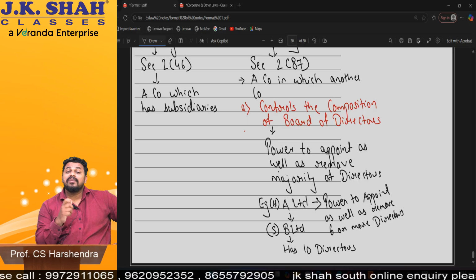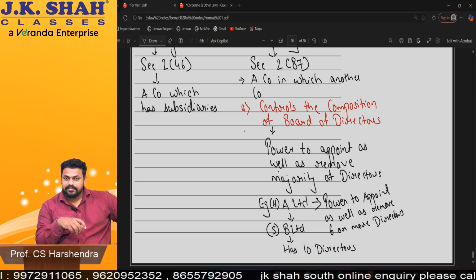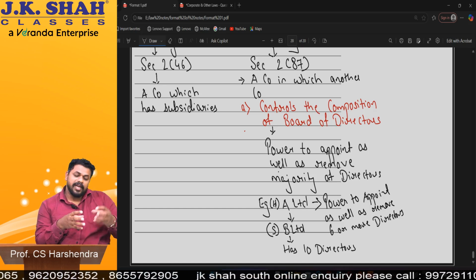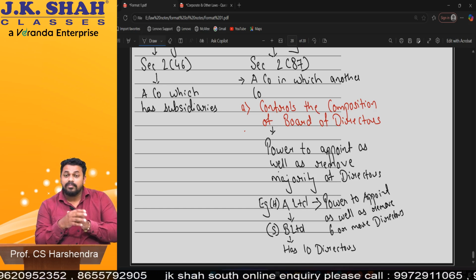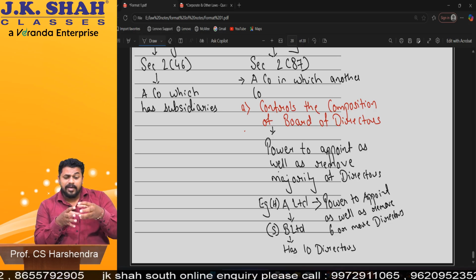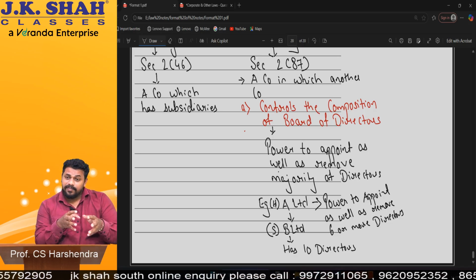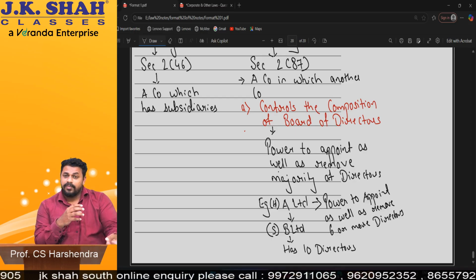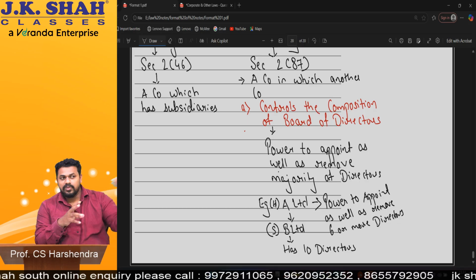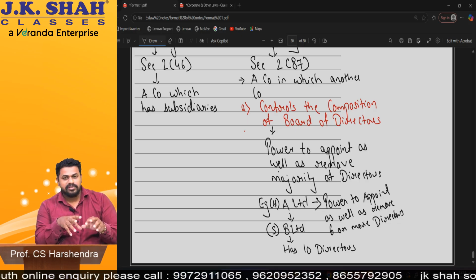So how does one company get power to appoint majority of directors? It is generally by a finance agreement or loan agreement. Like in one of the companies, we had raised 100 crore rupees from a bank. We had taken a loan from ICAI Bank. ICAI Bank gave a condition that until the loan is repaid, there will be 11 directors on the board. In future lessons, I'll tell you how we raise that money also.